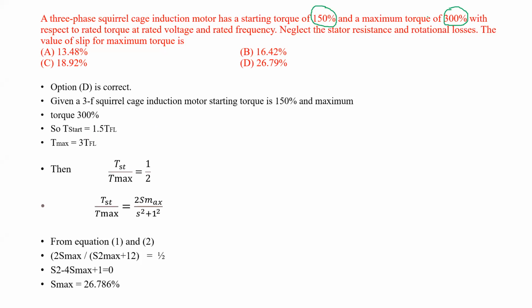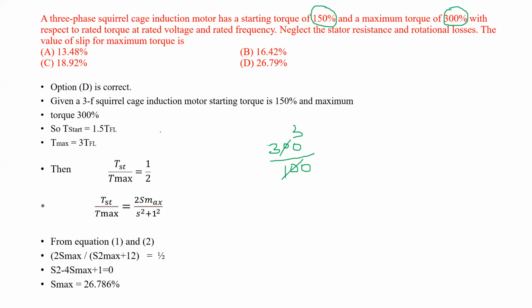Maximum torque is 300% of the full load torque. 300% means 300 by 100, that is 3, so 3 into full load torque. 150% means 150 divided by 100 means 1.5 into TFL. Maximum torque is 3 into TFL.